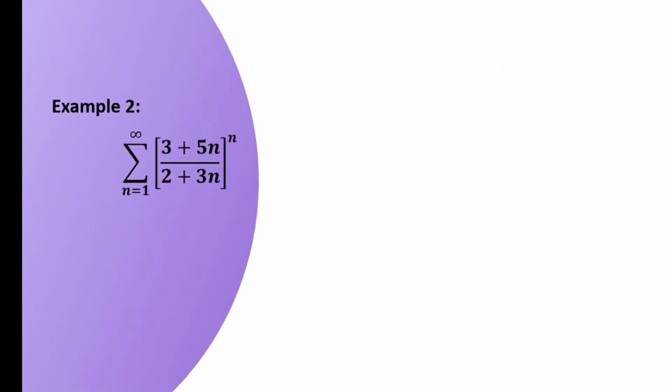For example number 2, the summation of 3 plus 5n over 2 plus 3n raised to the power of n, where n is equal to 1 and reaches infinity. The first thing we need to do here is to identify the a sub n, which is 3 plus 5n over 2 plus 3n raised to the power of n.